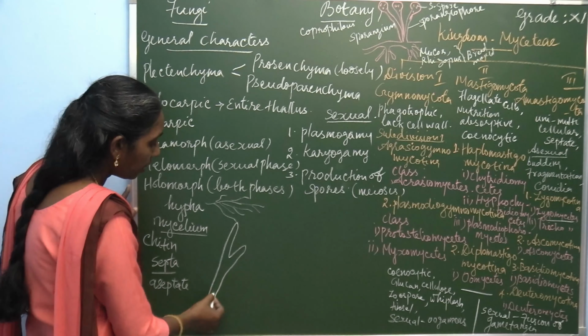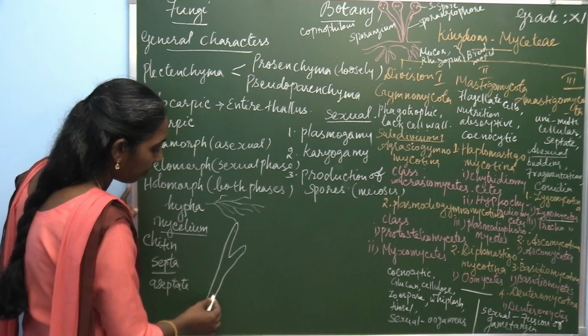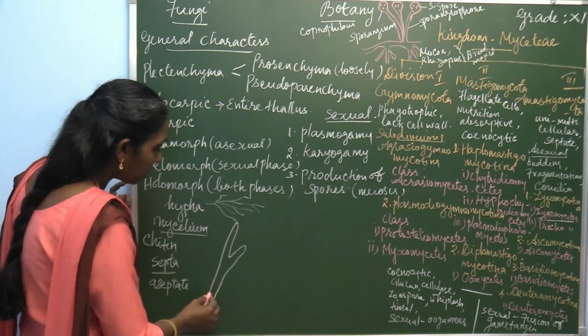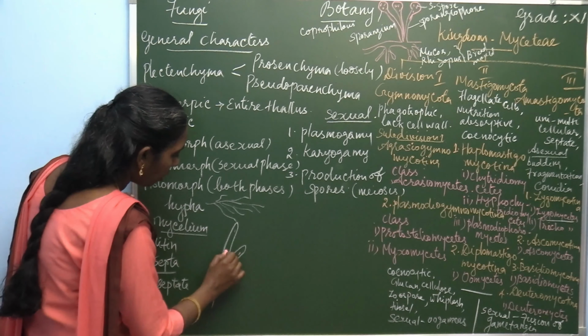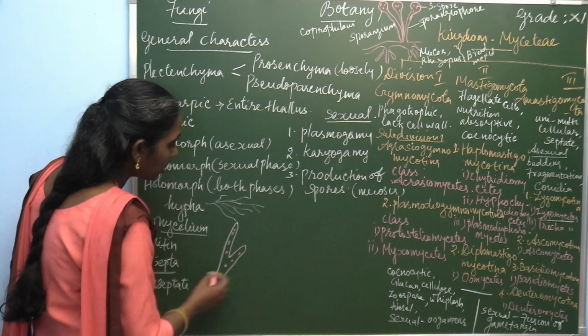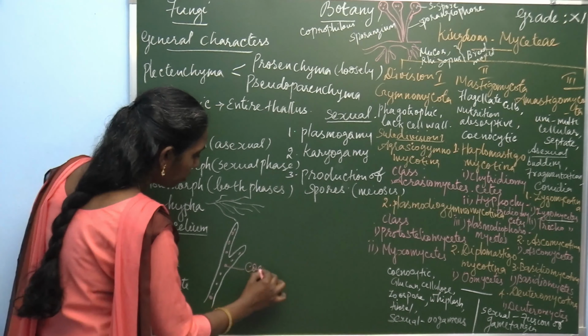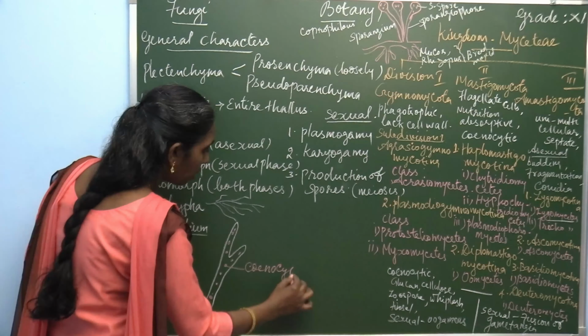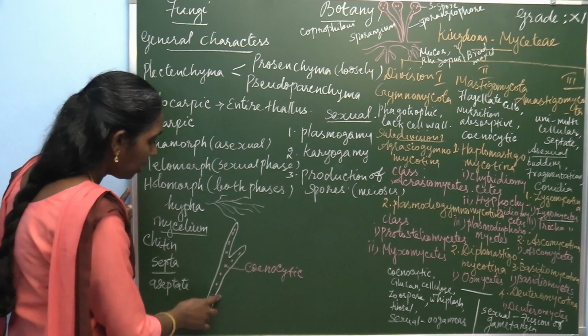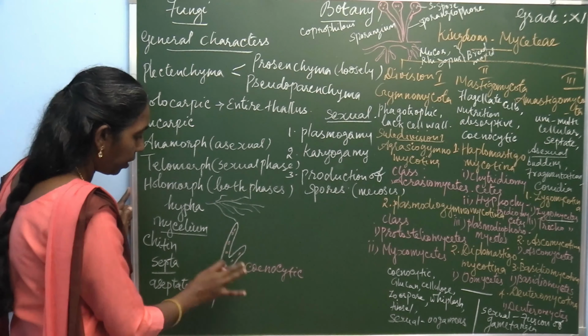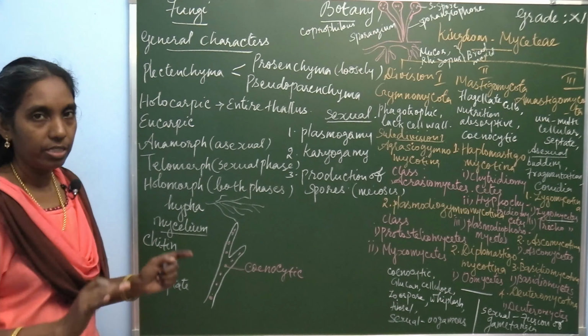In the aseptate hypha, the nuclei are many, and the term is cenocytic. There is no septa, no compartments or divisions.